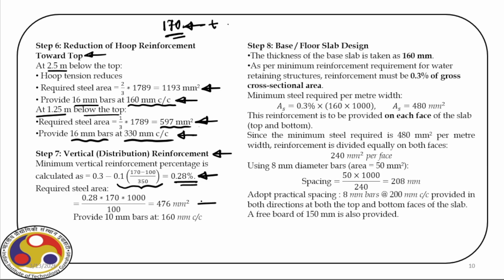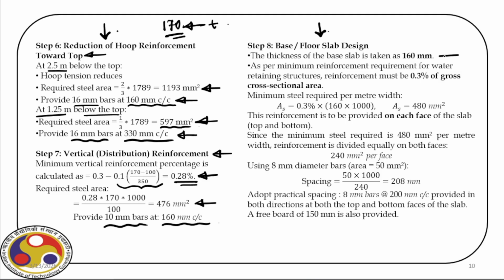So the area is 476 millimeter square. So let us provide 10 millimeter bar at the rate of 160 millimeter center to center. So that completes the design of the wall. We'll see the detailing. Now let us move over to base and its design.